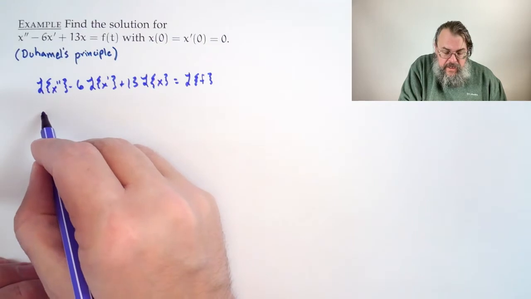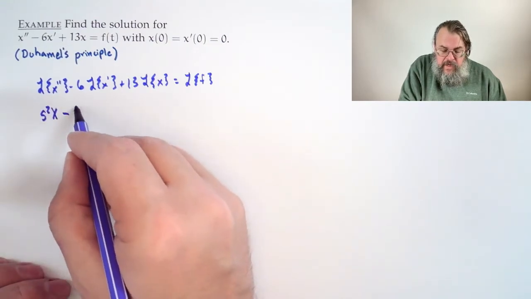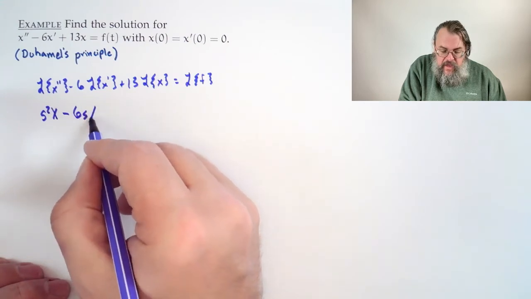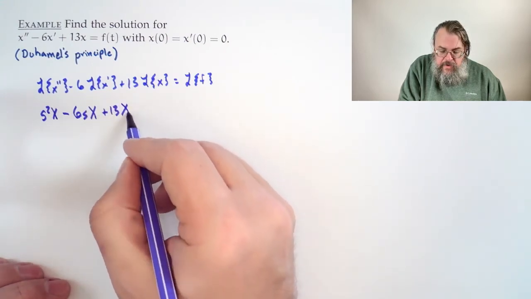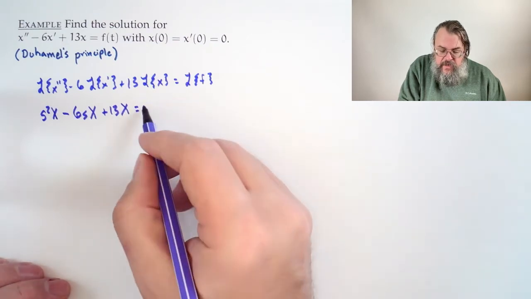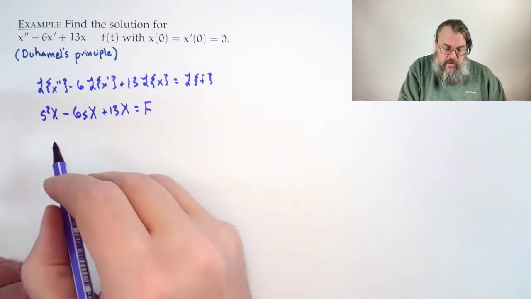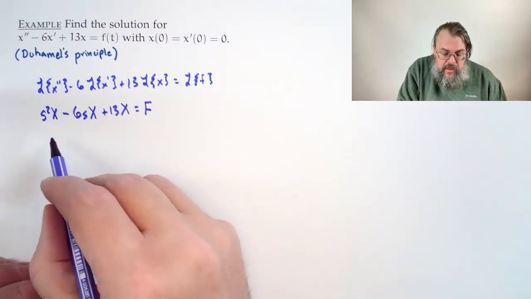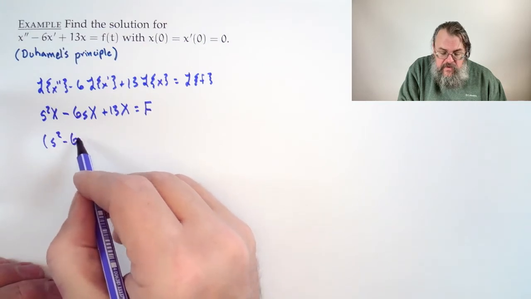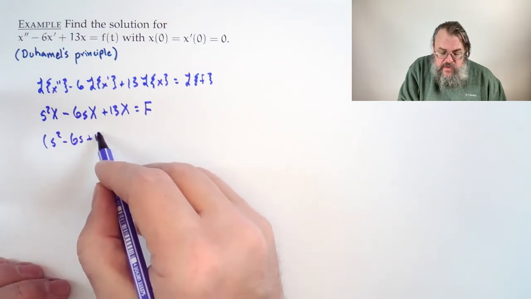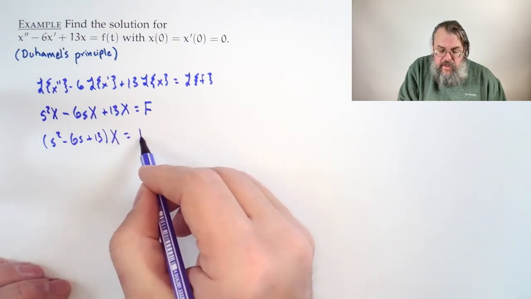So we get s squared capital X minus 6s capital X plus 13 capital X equals, and over here, capital F. Well, okay, so this is s squared minus 6s plus 13 capital X equals capital F.